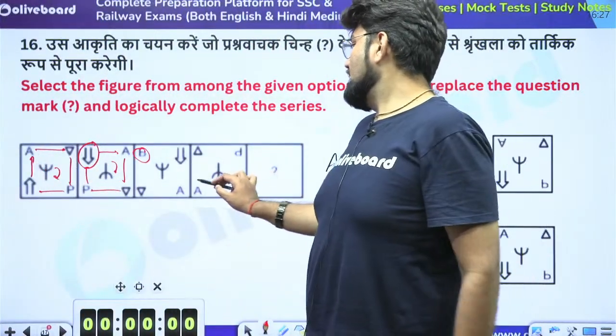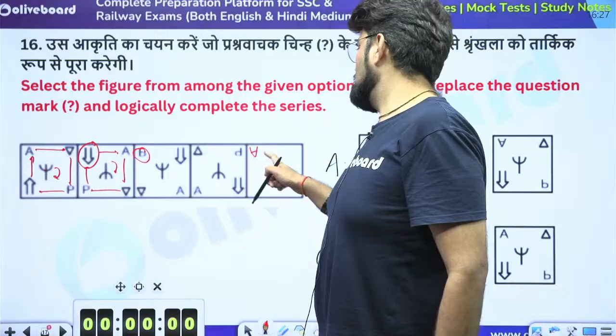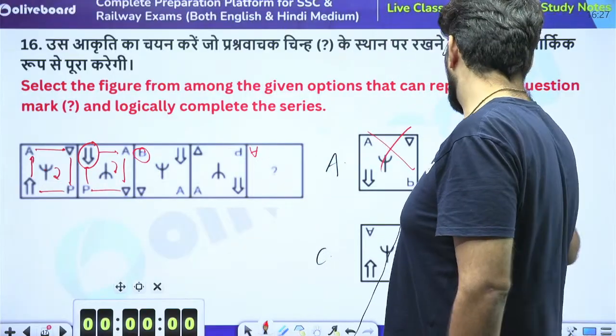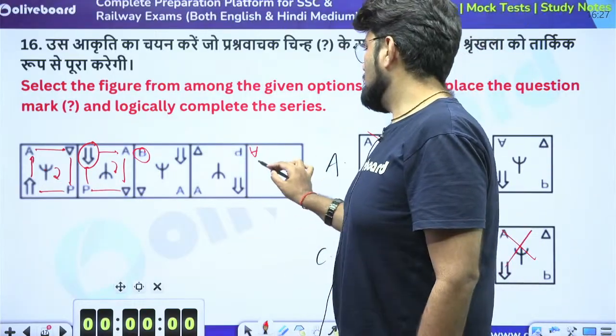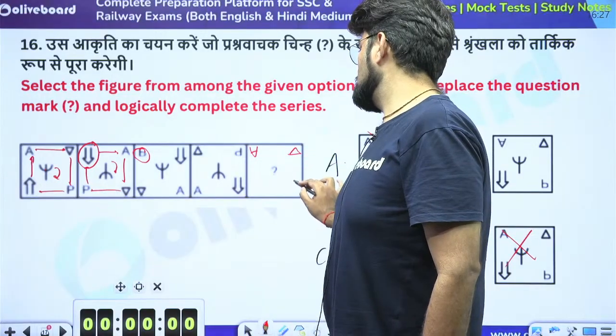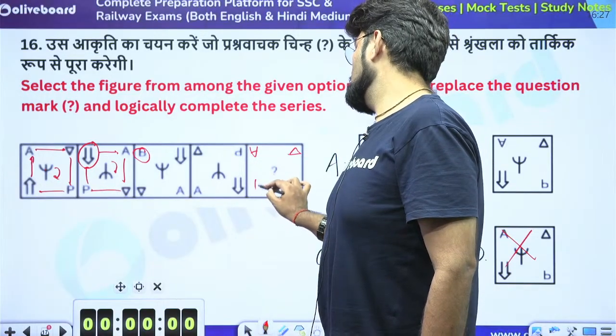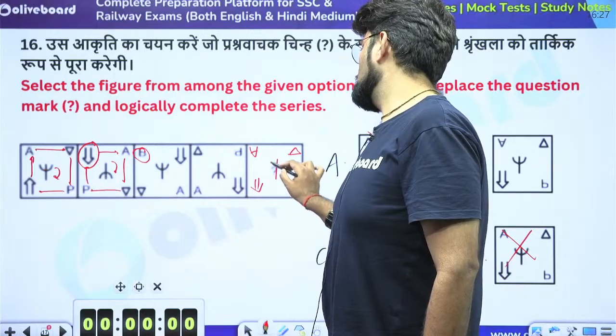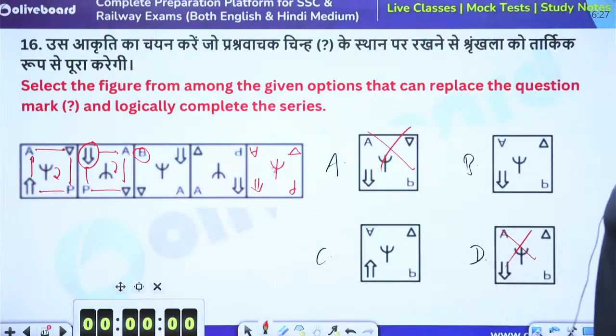Okay. So A will come on the top and will flip. It will become like this. So this is gone. This is gone. Okay. And rest everything will remain the same. They'll just change the position. So this is this, this is this, and this will be on the top. Okay. And where do we find that?